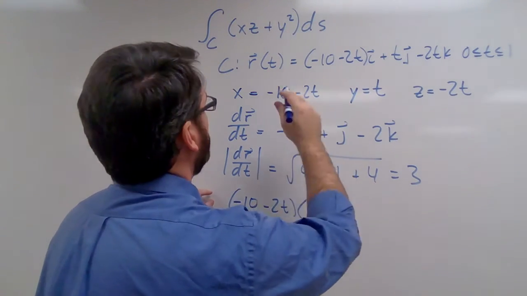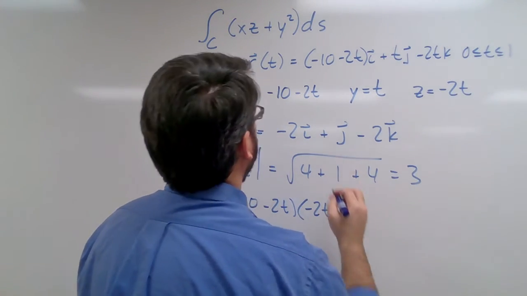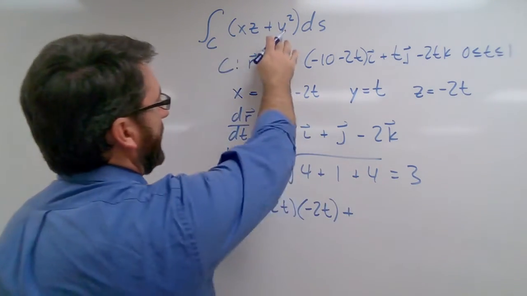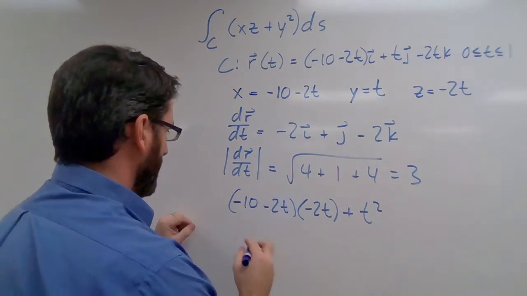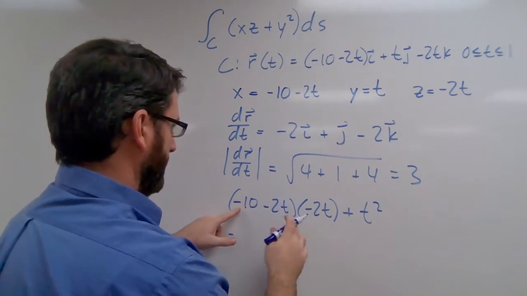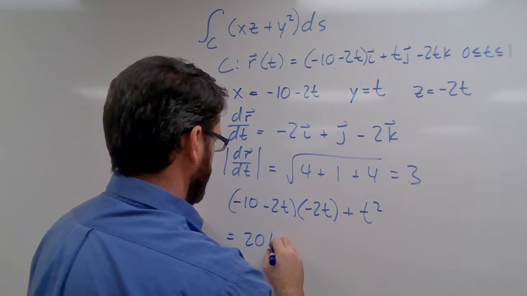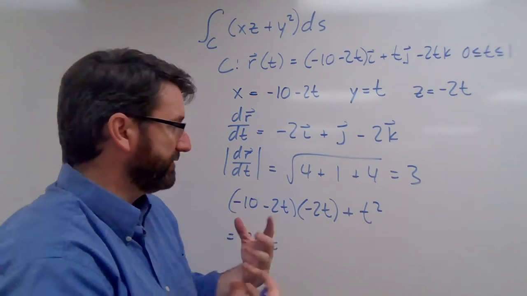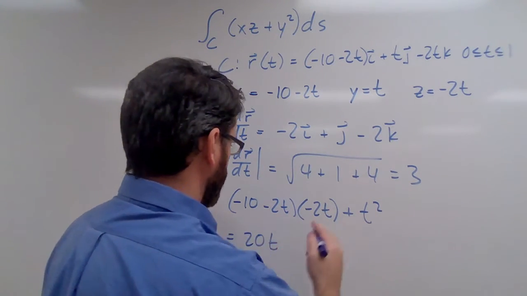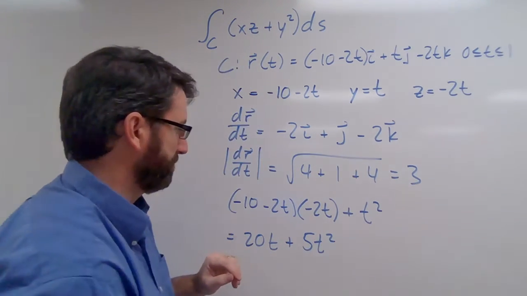We're going to multiply that by z, which is negative 2t, plus y squared is just going to be t squared. And that's going to be negative 2t times negative 10 is 20t. Negative 2t times negative 2t is 4t squared, plus another t squared is going to be 5t squared.